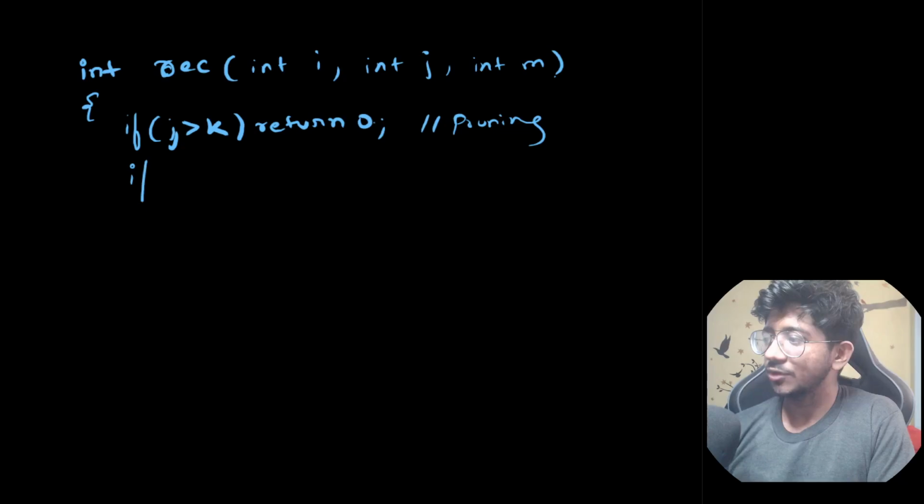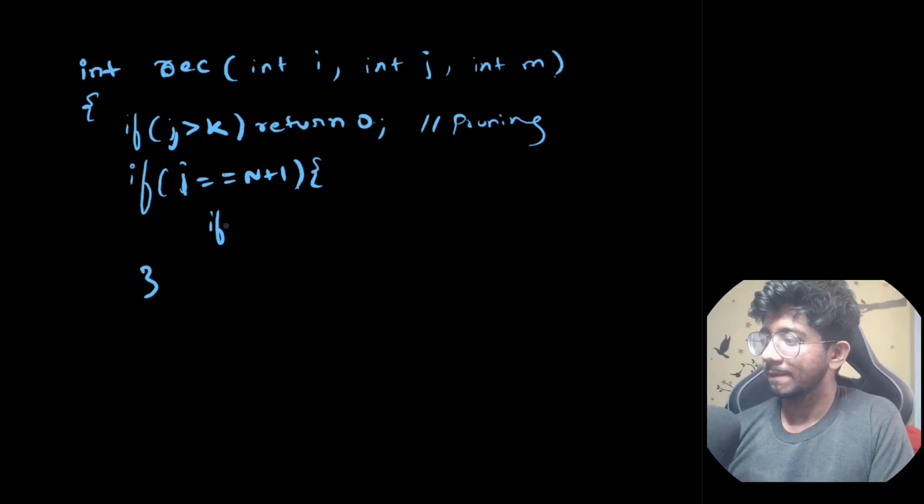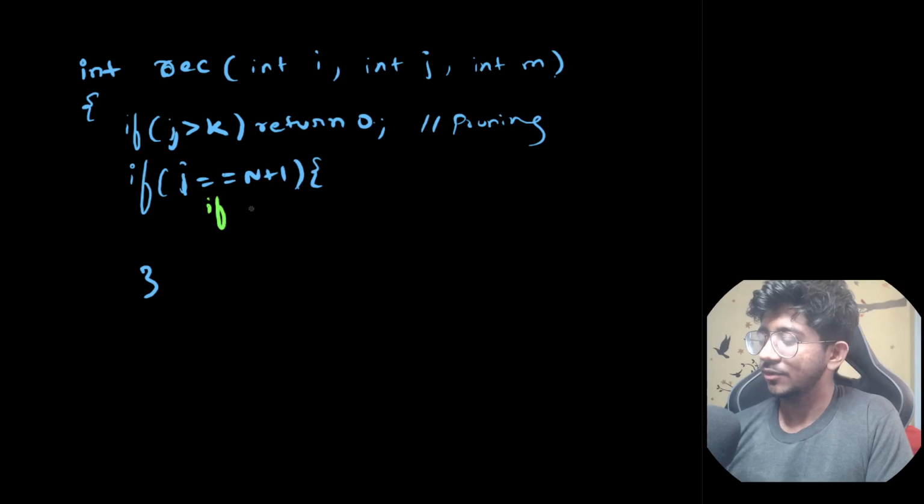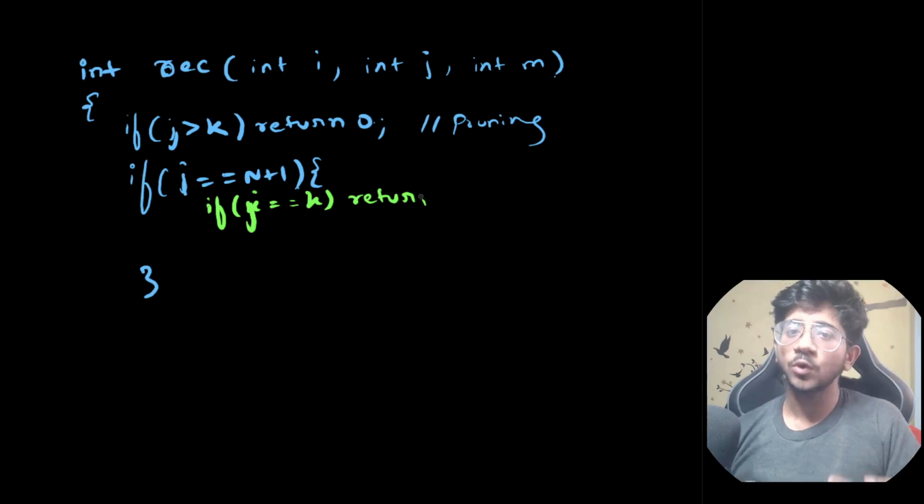Next, what we can do is if i is equal to n plus 1, in that case, if j is equal to k, that we have taken the full team, then return 1, because note that the way we are going into the DP, we are never violating the condition that is given in the problem.